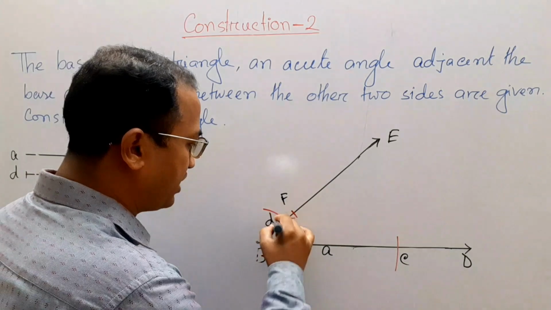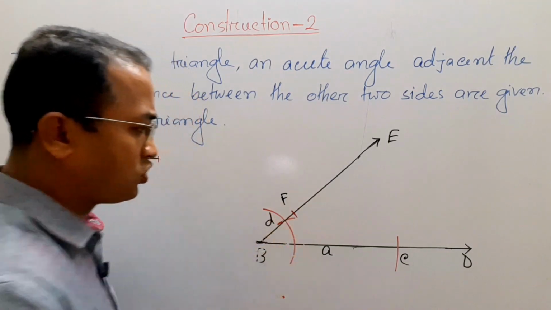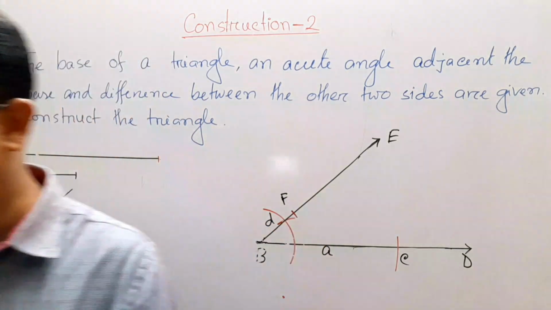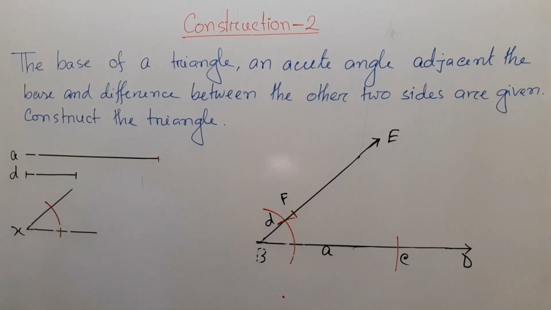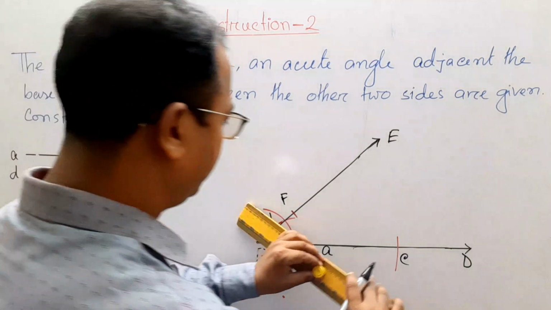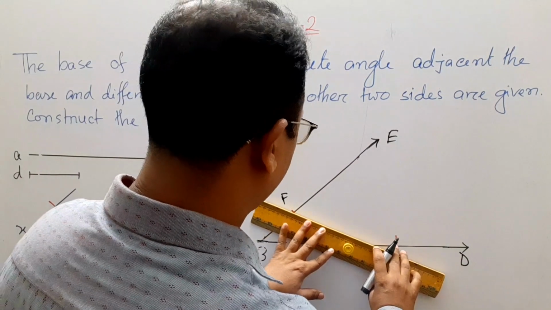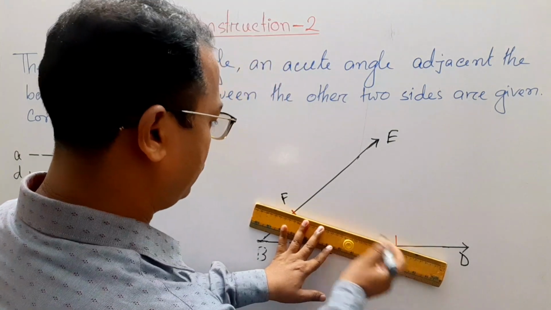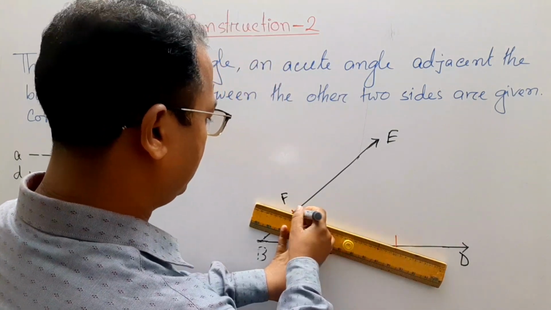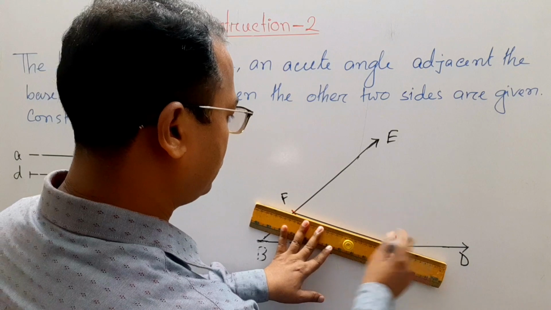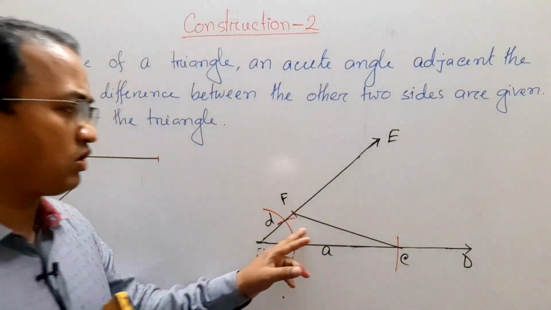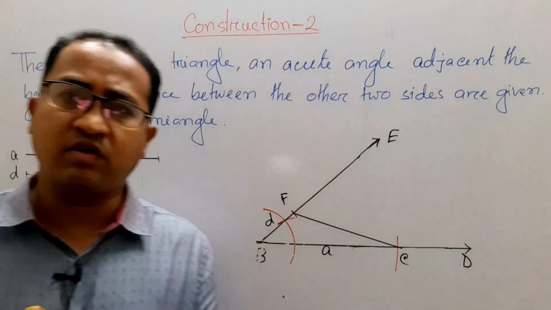BF is equal to D, that is the difference. So now join FC. Now, is it our required triangle?